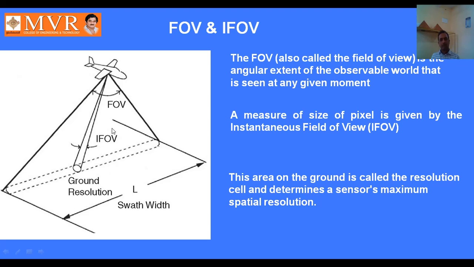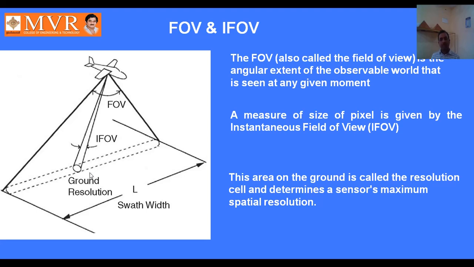For example, if you go higher, you get coarse resolution. If you go to a larger height, you can view a larger area, but the capability to identify objects is less.